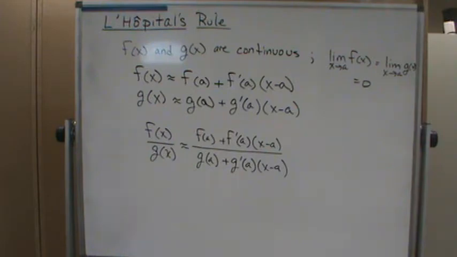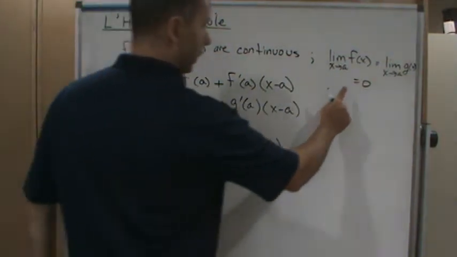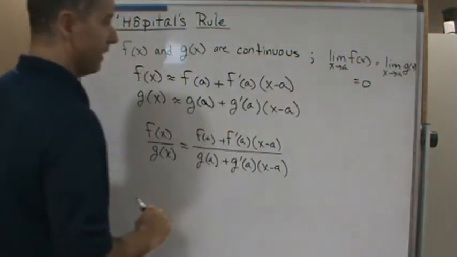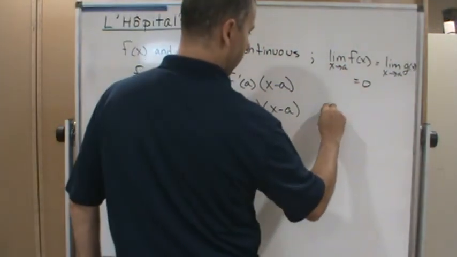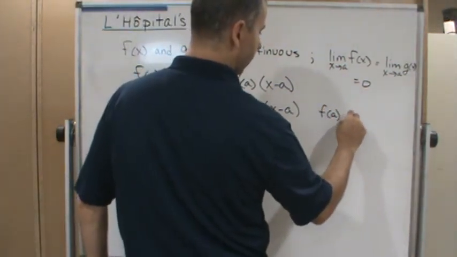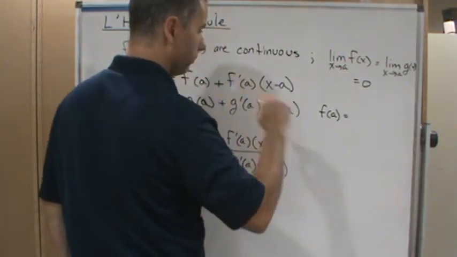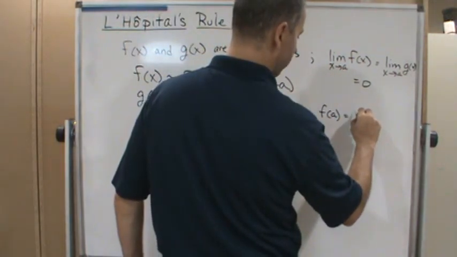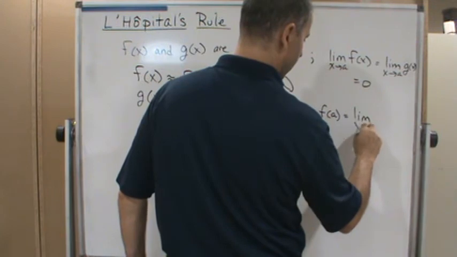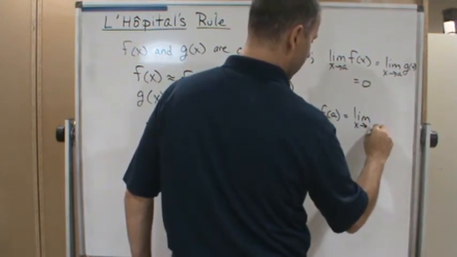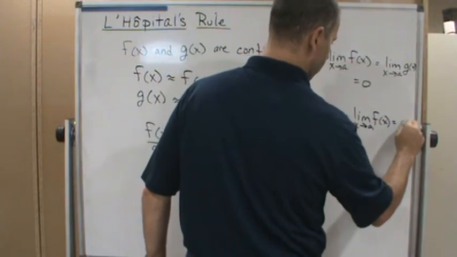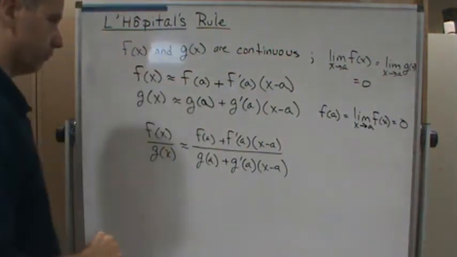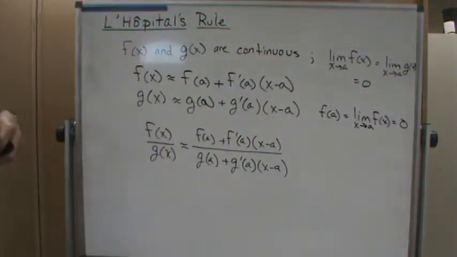So that means, based on this, that f of a equals the limit as x approaches a of f of x, which equals 0.